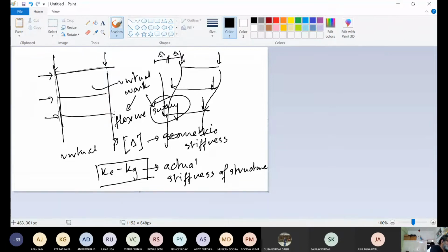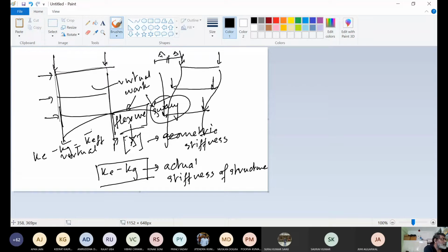So the flexural virtual work is what is elastic stiffness, and your sway virtual work is your geometric stiffness, and Ke minus Kg ends up becoming your effective stiffness. So your actual stiffness of your structure is not the elastic stiffness with which you use mechanics mostly. The actual stiffness of your structure is the elastic stiffness minus the geometric stiffness. Does this make sense, guys?